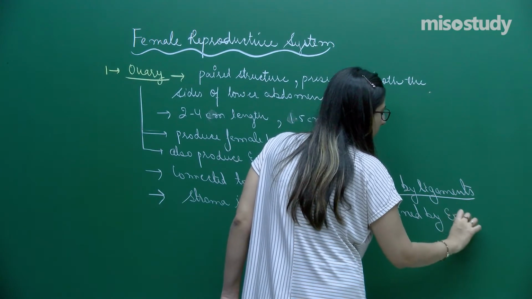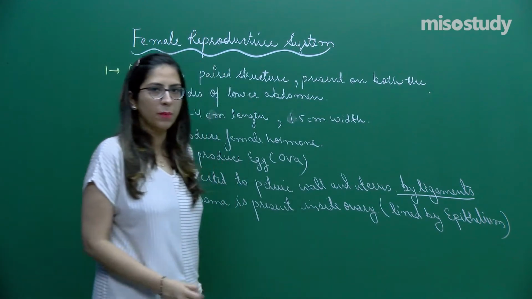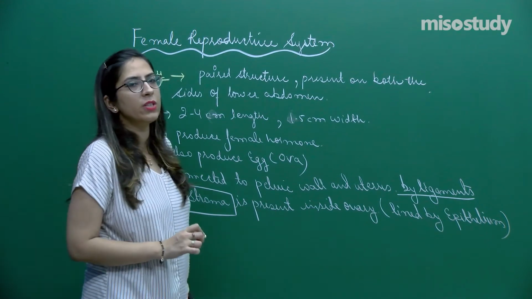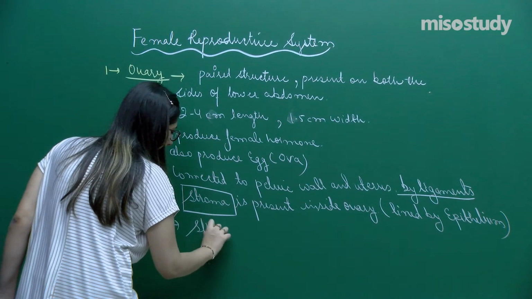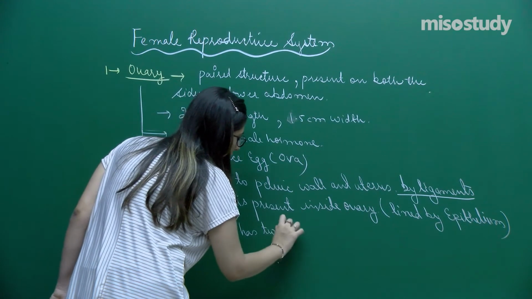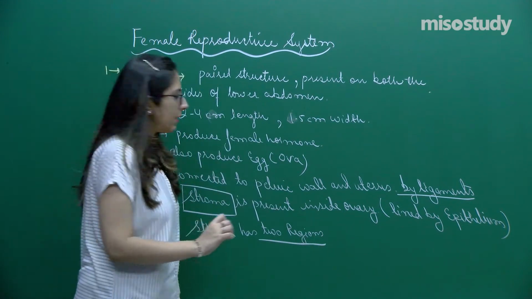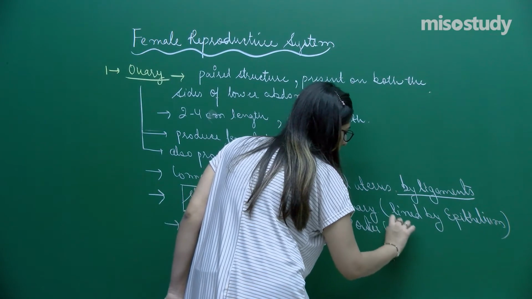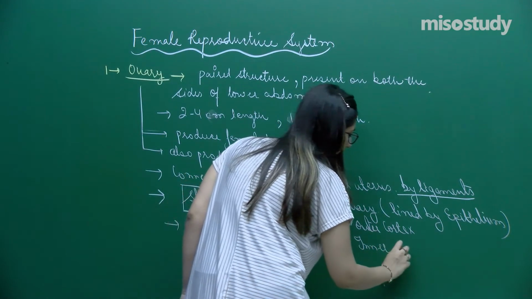The internal stroma is further divided into two regions: outer cortex and inner medulla.